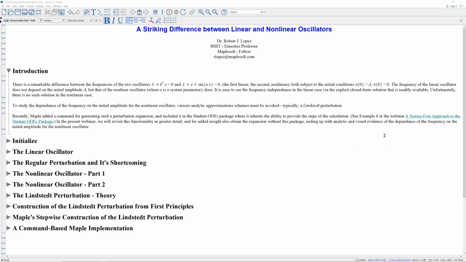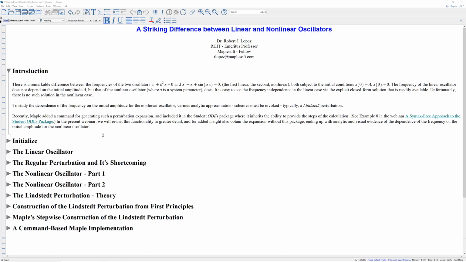In fact, in example 8 in a webinar I did not so long ago, the syntax-free way of generating that stepwise solution in the Student ODEs package is discussed.